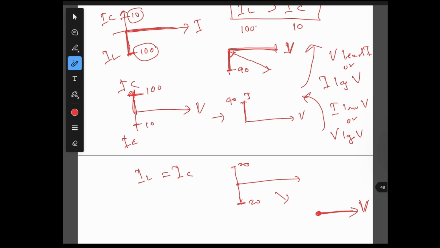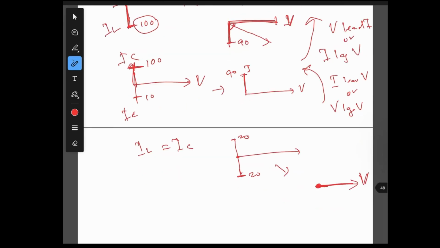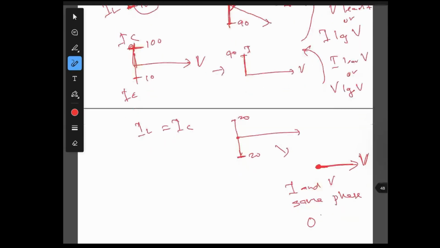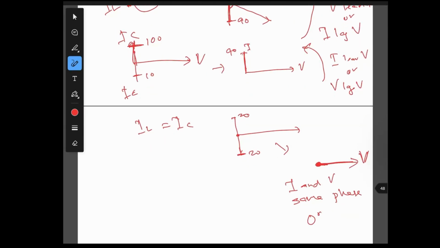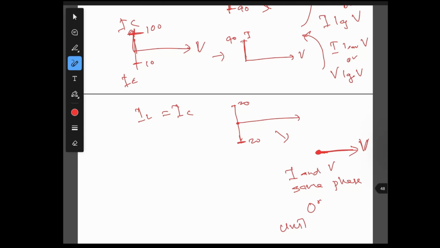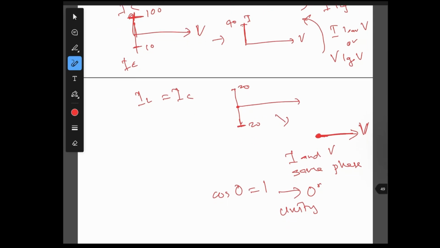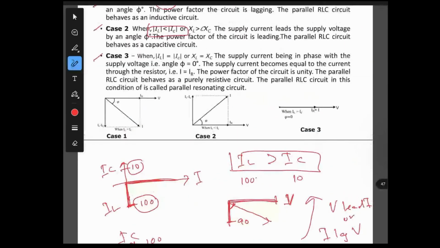In this case, I and V are in the same phase. No phase difference, no leading, no lagging. Same phase or 0 degrees. Sometimes we call it unity, because cos 0 equals 1.